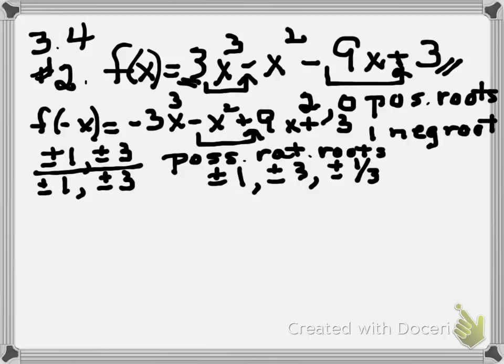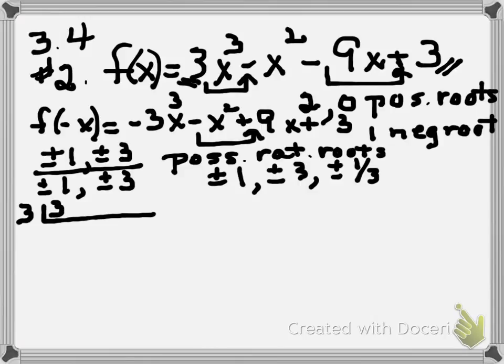So we have positive negative 1, positive negative 3, positive negative 1/3. So now we can try 1, we can try 3, we can try 1/3, and so on with synthetic division. So I'm going to just pick one here to try. Let's say I try 3.